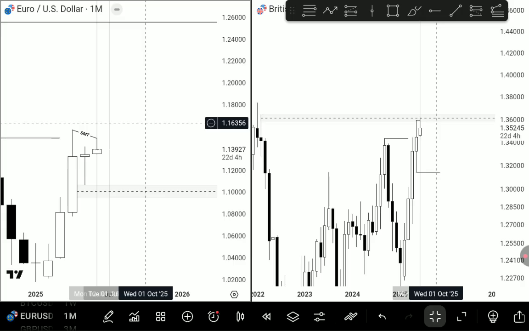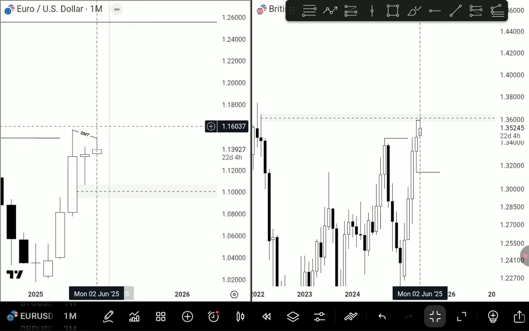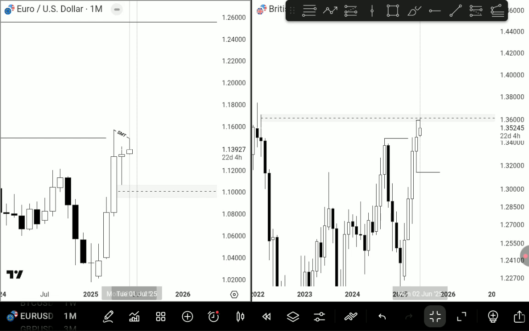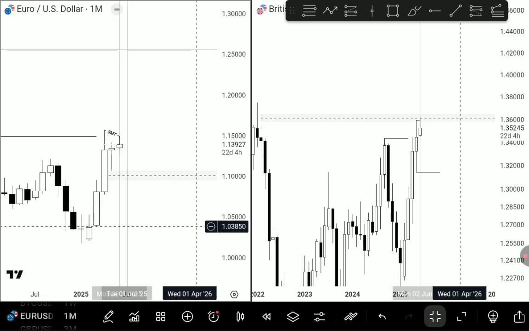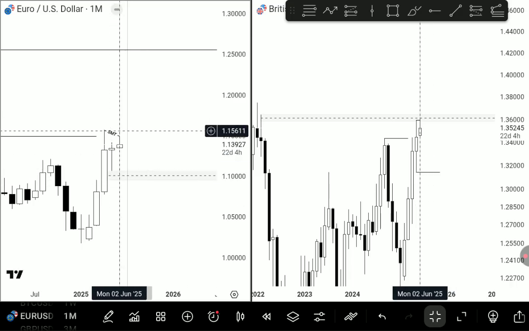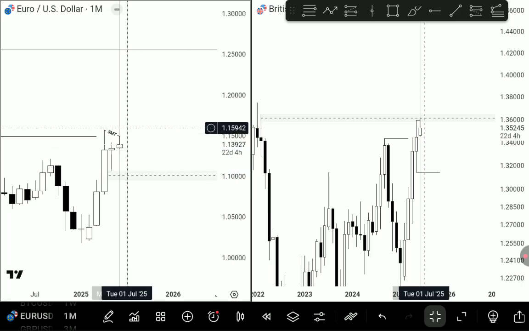Of course on euro without getting a purge, but on GU getting it. So that's another conviction for my draw of liquidity to at least see price reach this FVG, and another conviction for my buyers to see a bearish June candle.